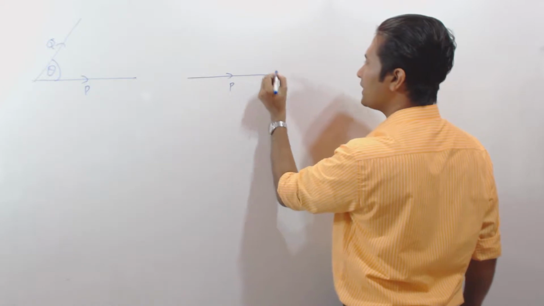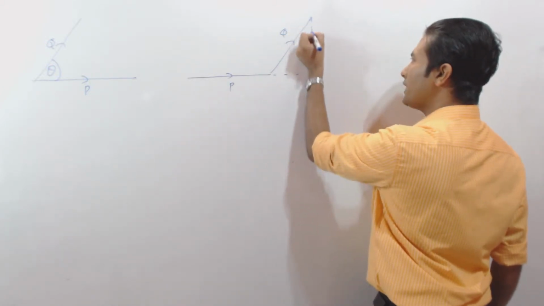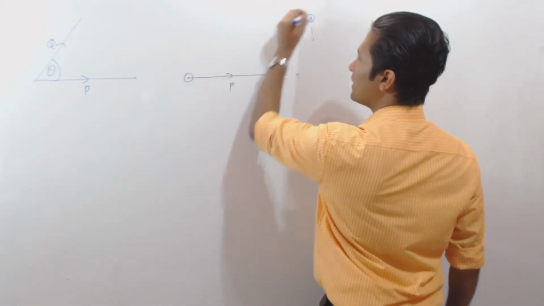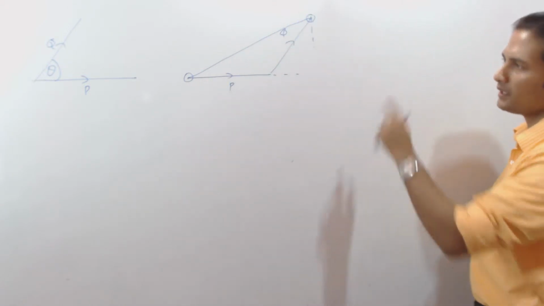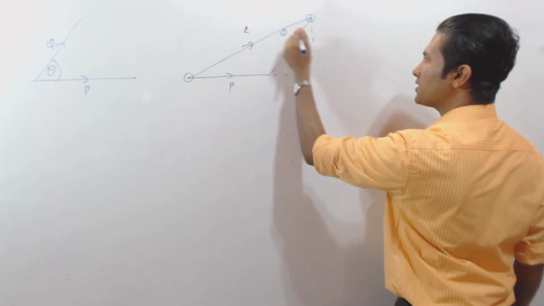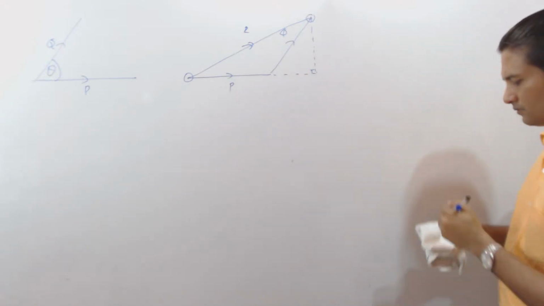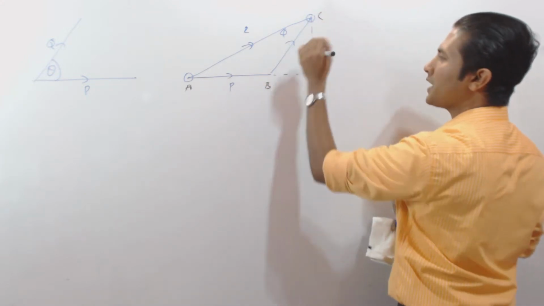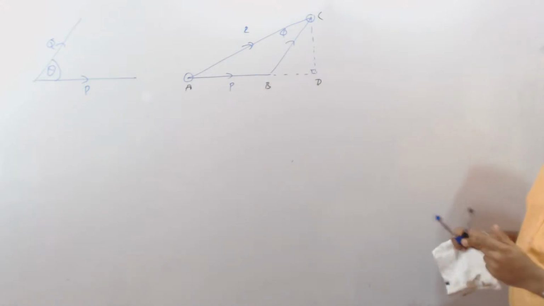This is vector p, and at the final point vector q should also be represented. Then you have to join the initial and the final point. This gives you the resultant. You can consider these points as A, B, C, followed by point D.